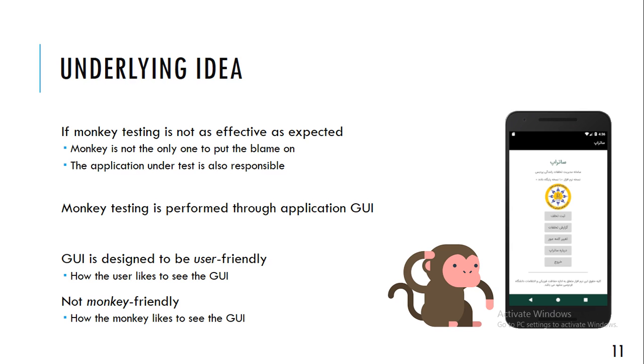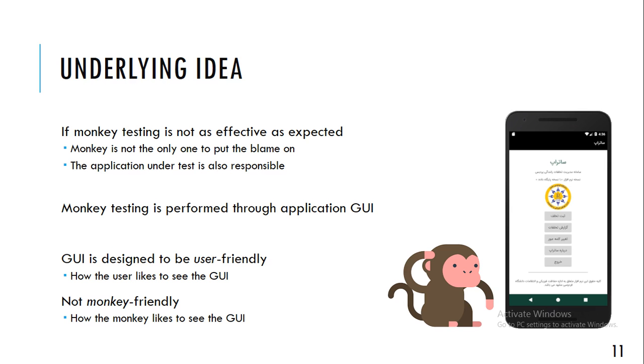Our idea is that if monkey testing is not effective, not only is the monkey responsible, but also the app. Well, we know that monkey testing is performed through the application's GUI, and it's important to note that the GUI is designed to be user-friendly. I mean, to have a good look and feel for the end user.